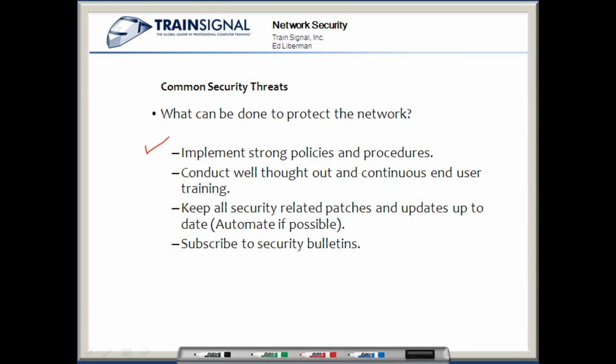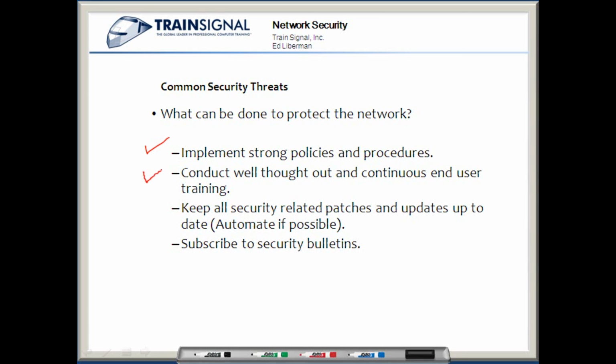How are we going to secure things? Why are we going to secure things? Heck, we have to have documented what we're going to secure. And then we need to also have, well, what do we do when there is an intrusion? How do we handle that? What is the procedure? Having these strong policies and procedures in place will give everybody guidance on exactly how to keep the network secure and what to do in the event that there's an intrusion.